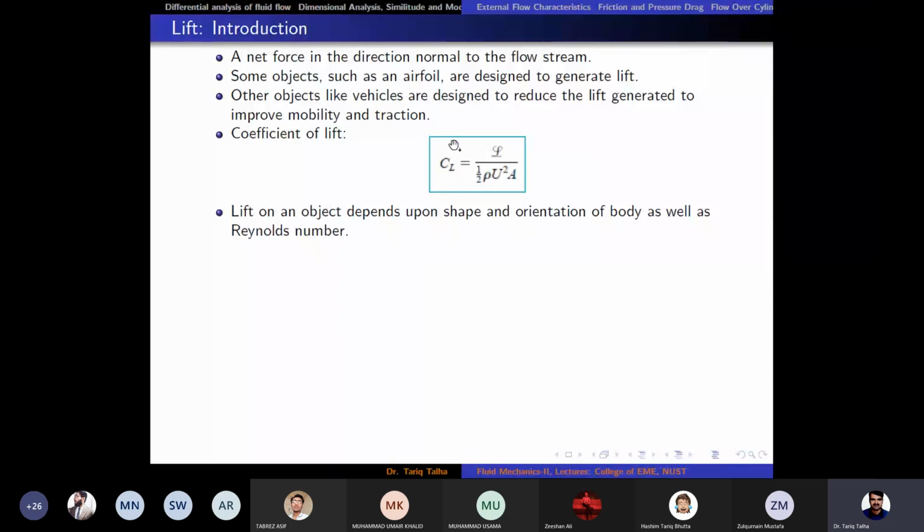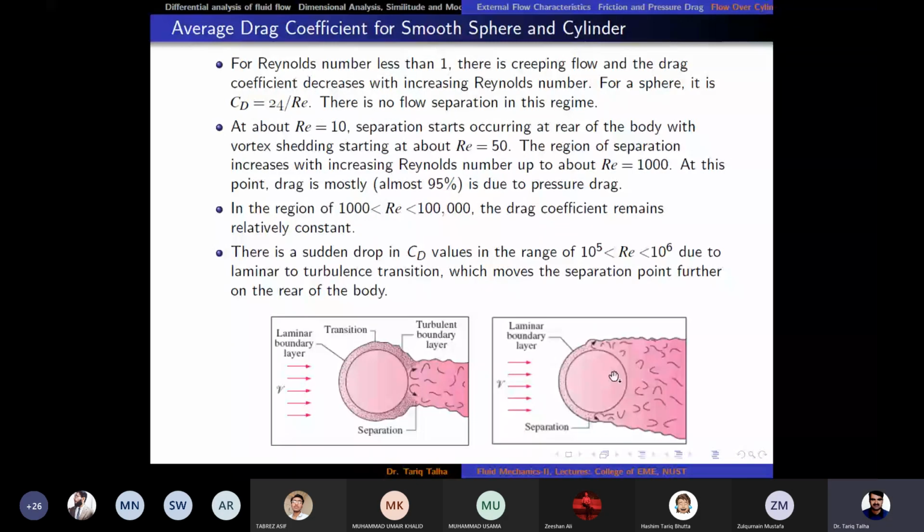So if we talk about the flow over this cylinder, then the frontal area would be this height into the depth into this bore. And the surface area would be the circumference, which is pi d l, right? So that is the surface area.